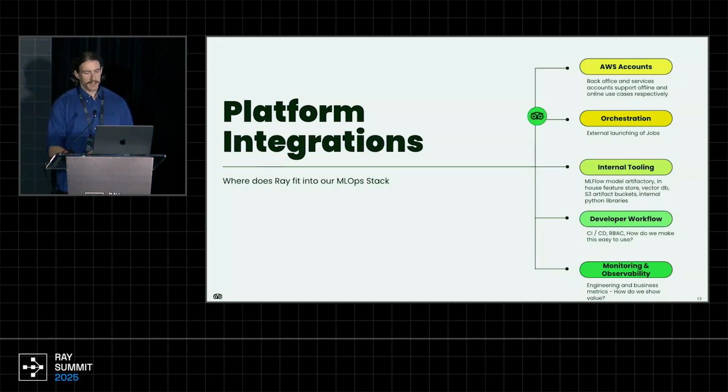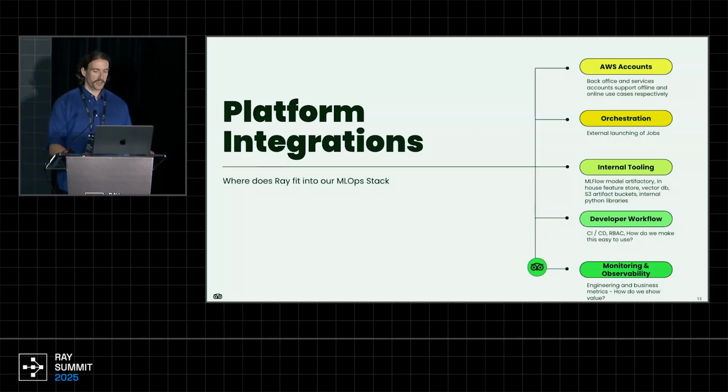So, as you'd expect from a mature MLOps platform at a very data-driven company like Tripadvisor, we have a lot of existing infrastructure and tooling supporting our machine learning use cases. So we needed to consider some key areas in our integration. We have a number of AWS accounts supporting our back office and services use cases for offline and online workloads, respectively.